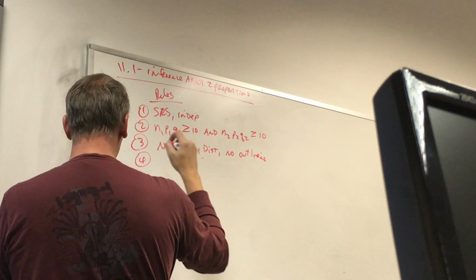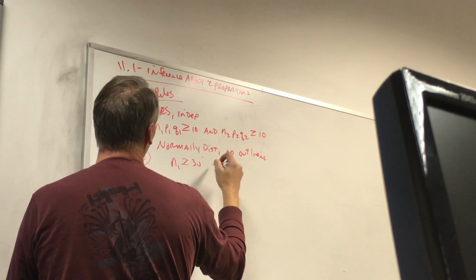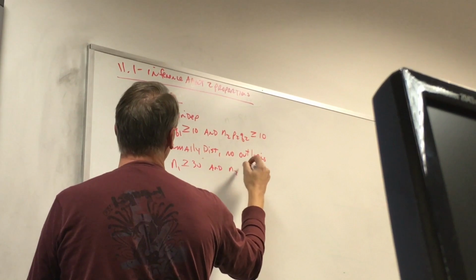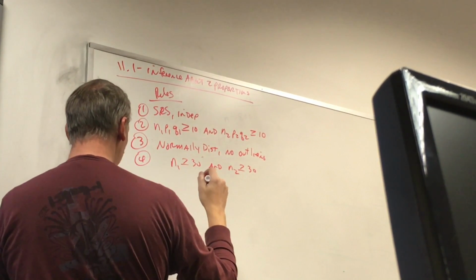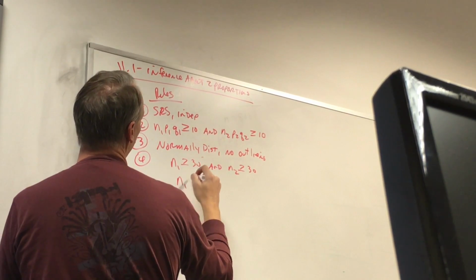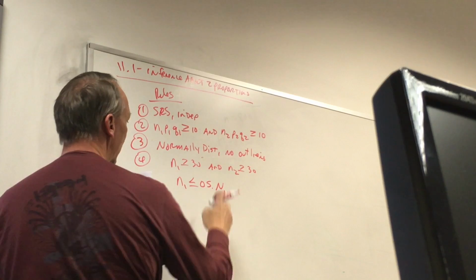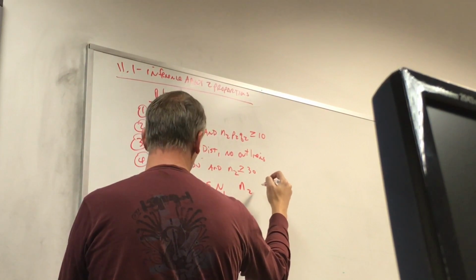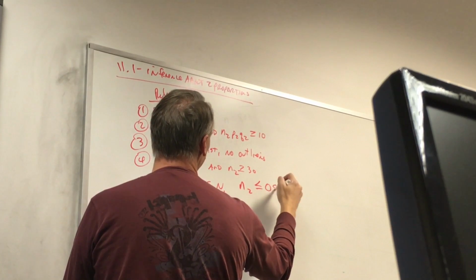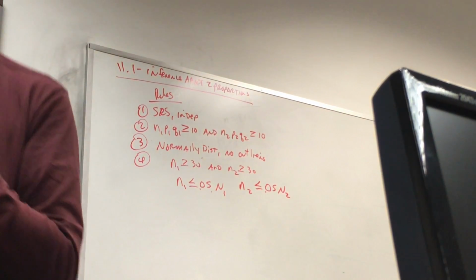And number four, your N1 has to be greater than or equal to 30, and your N2 has to be greater than or equal to 30. And also, your N1 can be no more than 5% of your population of N1, and your N2 must be less than or equal to 5% of the population of N2.